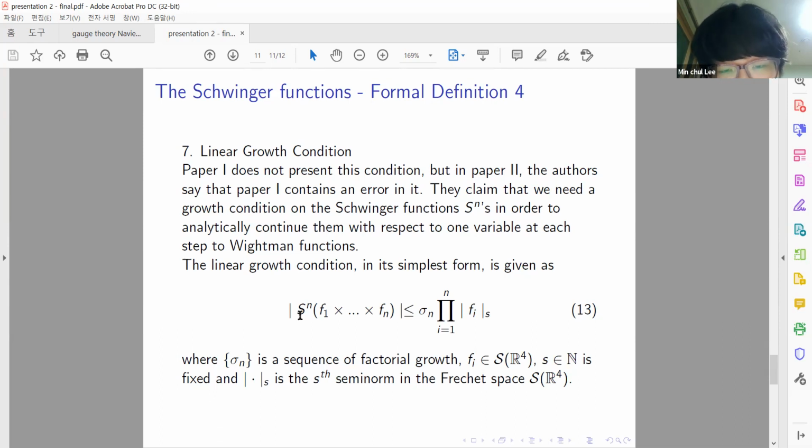The linear growth condition in its simplest form is given as this, where sigma_n is a sequence of factorial growth, each f_i belongs to a Schwartz space based on R^4, and s is just a fixed natural number.